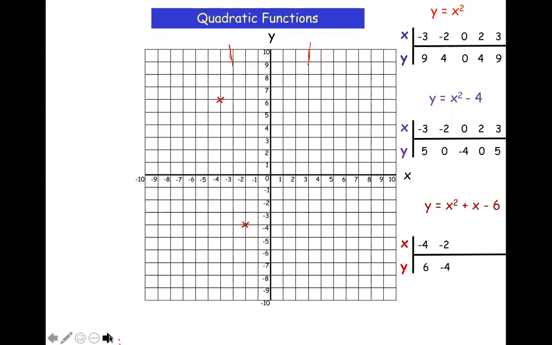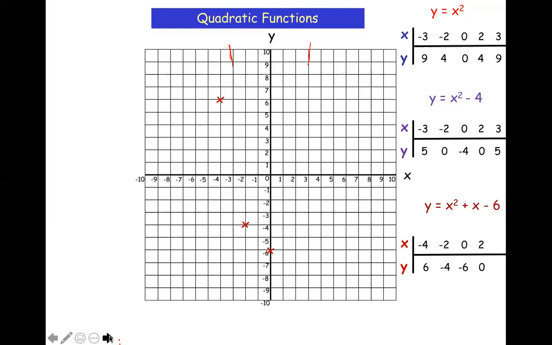Second point, when you've got 0, it's -6. That's a turning point. No, it's not a turning point. It's what we call the intercept on the y-axis here.